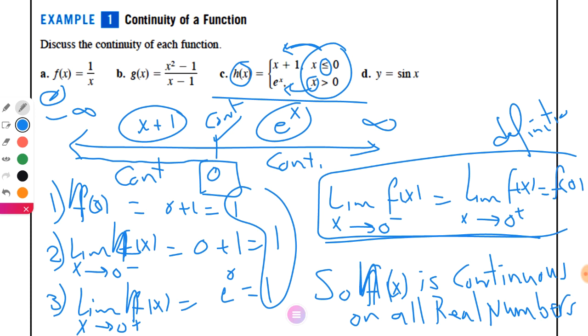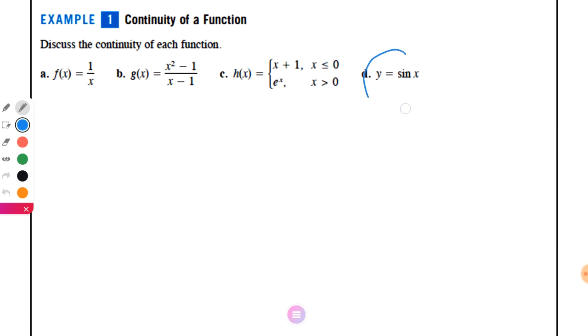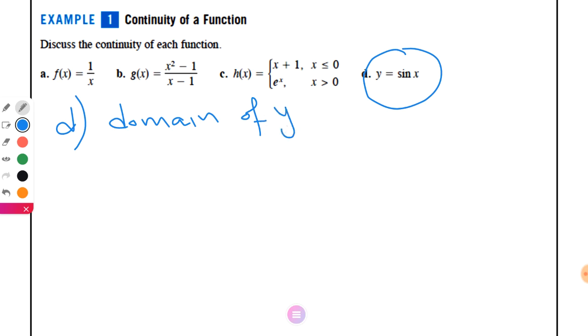When we are talking about continuity, we talk about the domain. For the last one, I think it's so easy. I have to discuss it this way, please. Here, for this problem, part D, as I told you before and reminded you in the worksheet important notes, the domain of y here is all real numbers.